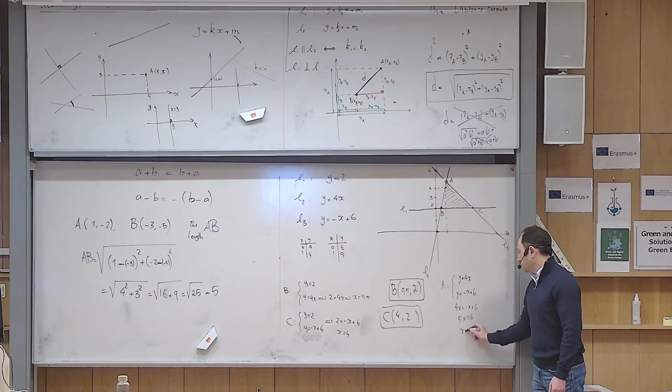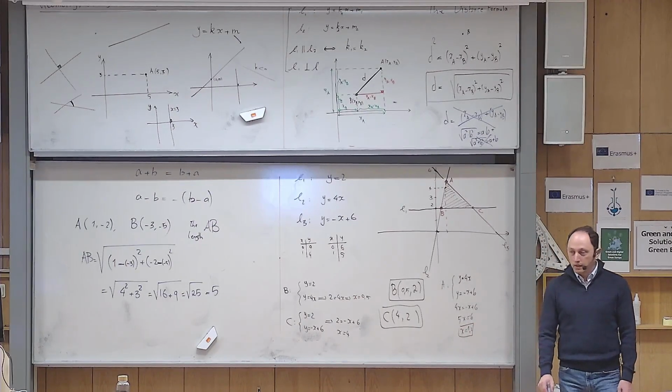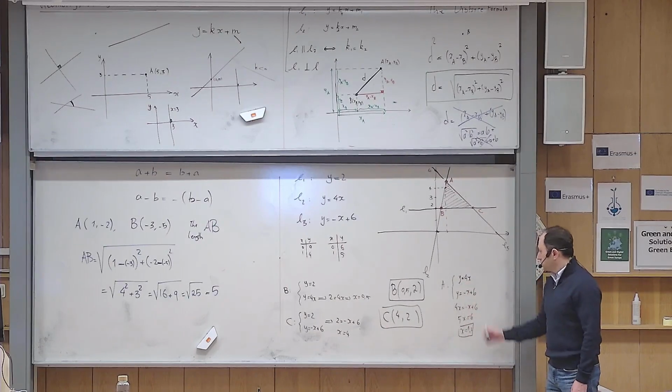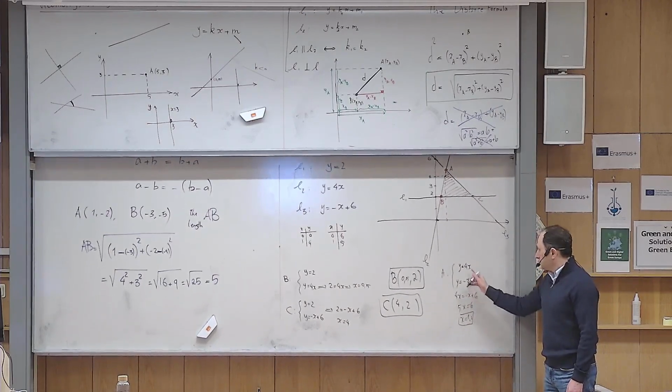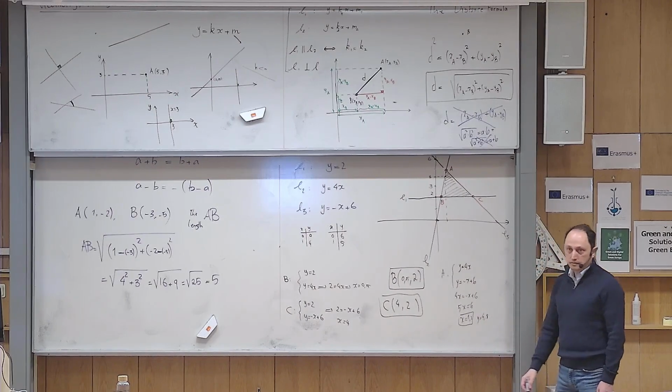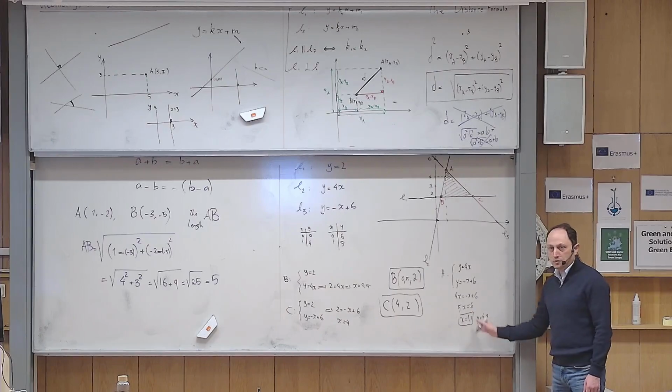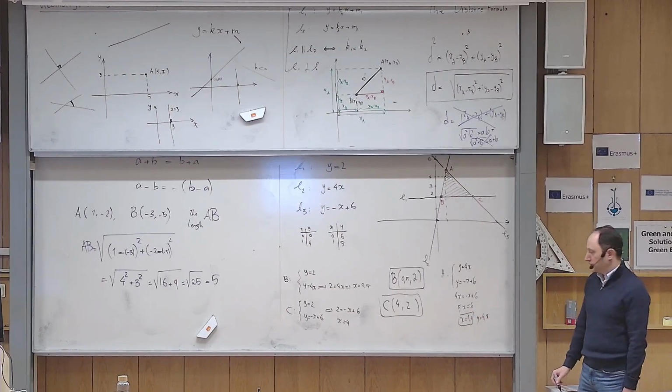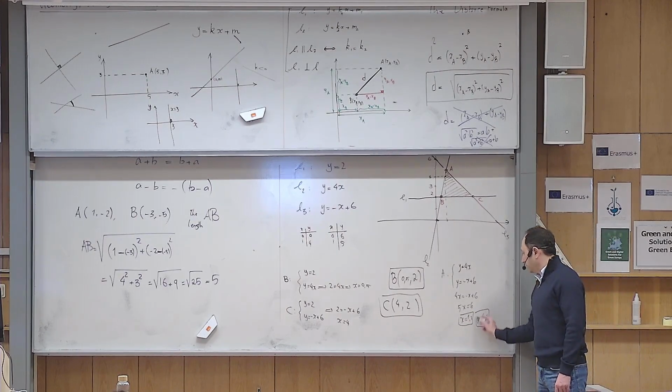And then x becomes 1.2. Yes? But x is 1.2. So what is y then? y is 4 times larger. So it's 4.8. The reason I am using decimal points is because these are exact values. Otherwise, I have to keep fractions. So finally, I found my A. What is my A? My A has 1.2 as the x coordinate and 4.8 as the y coordinate. So everything is now known to me.